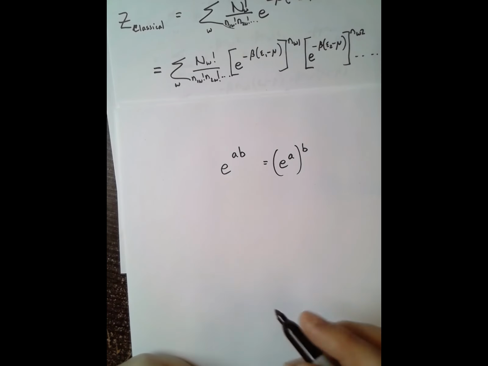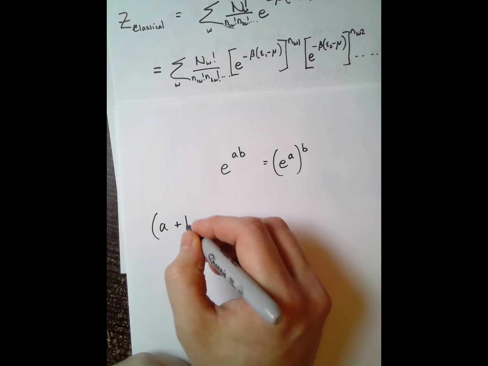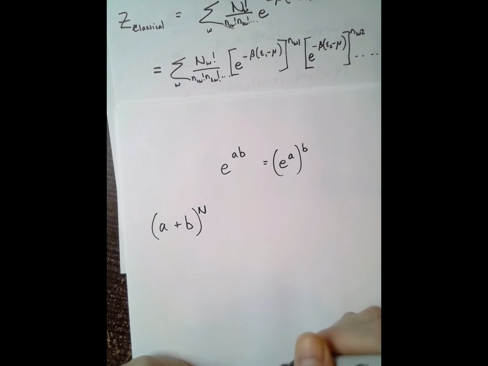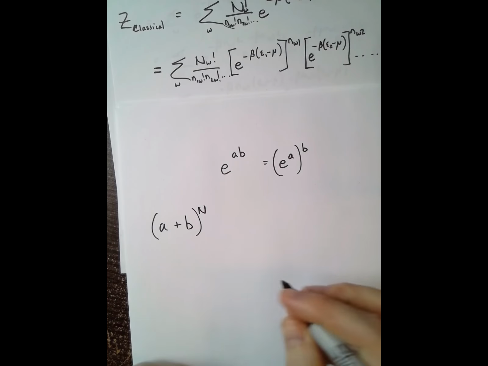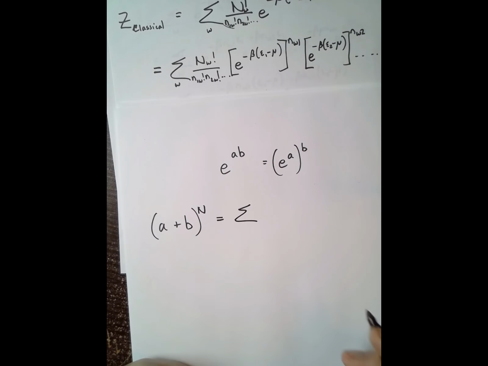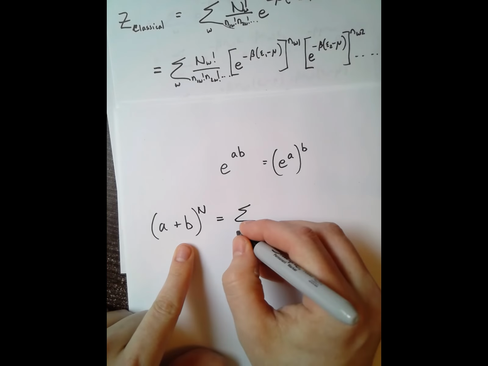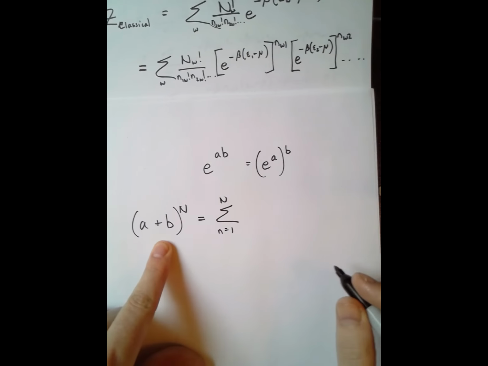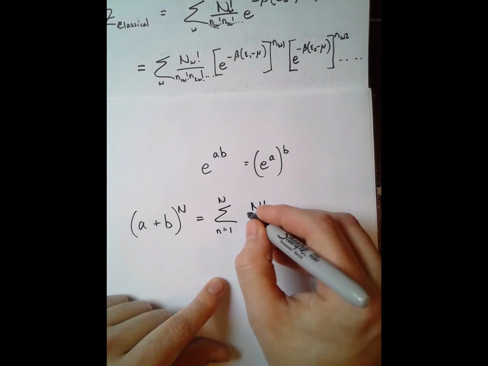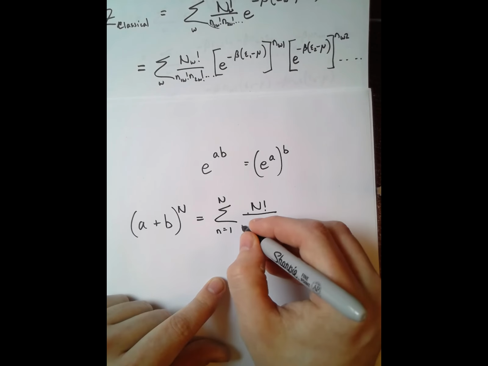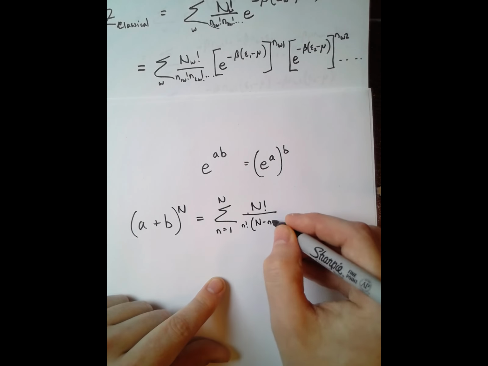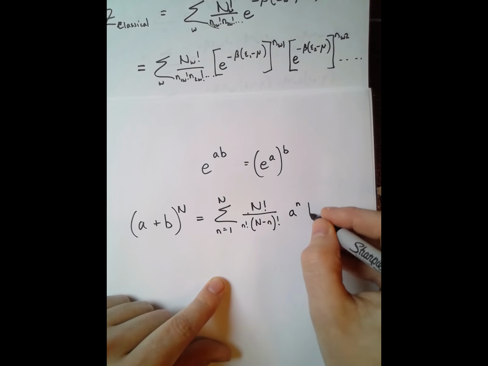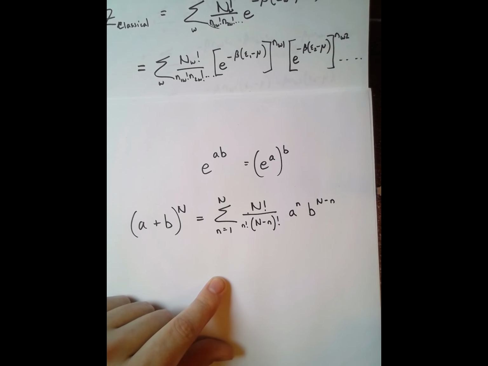So, a quick aside, the binomial expansion is the expansion of a plus b raised to some power capital N. And the expression for the expansion of this is the sum over n from 1 to big N of N factorial over little n factorial times big N minus little n factorial, times a to the power little n, b to the power of big N minus little n.